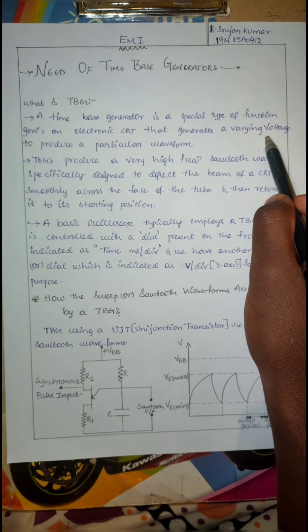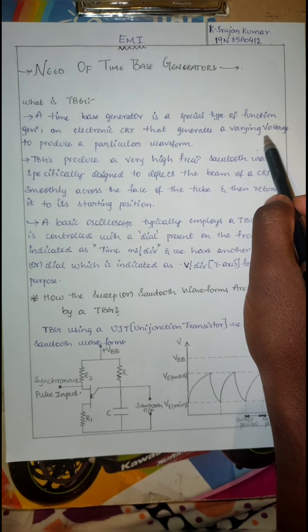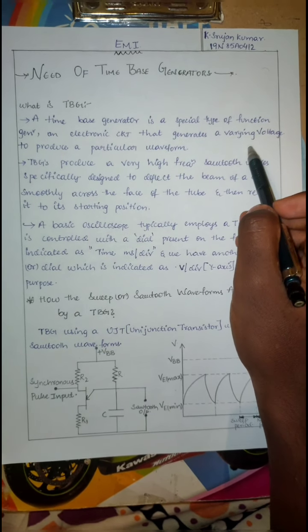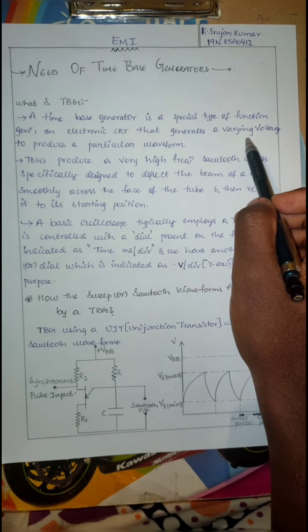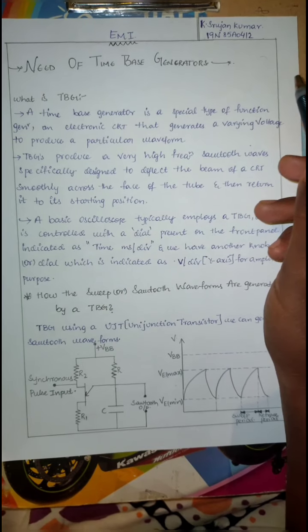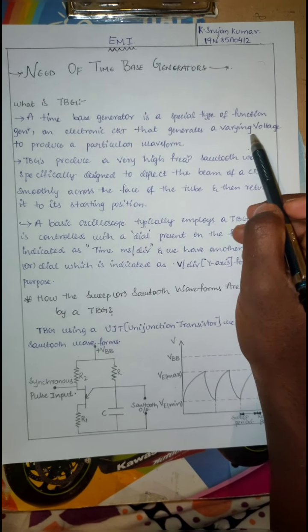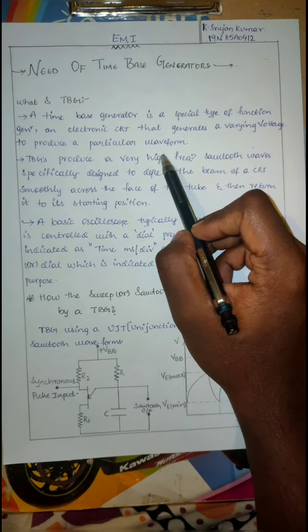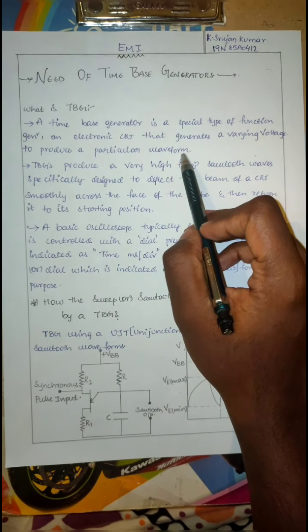If the output waveform has different amplitudes, the amplitude is calculated in terms of voltage on the y-axis, right? So the voltage should be varying according to the amplitudes of the signal. So this circuit generates a varying voltage to produce a particular waveform on the screen of the CRO.